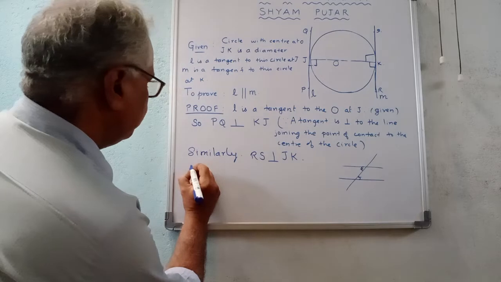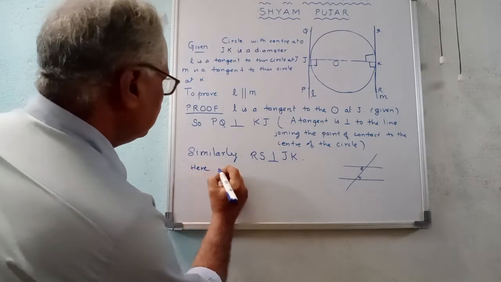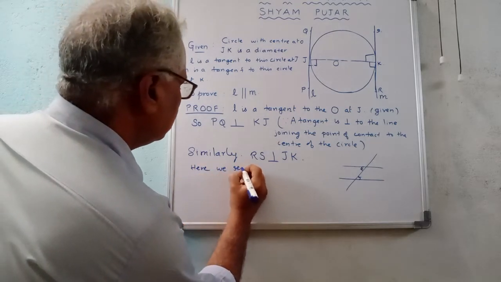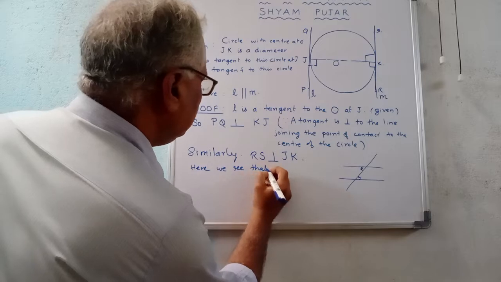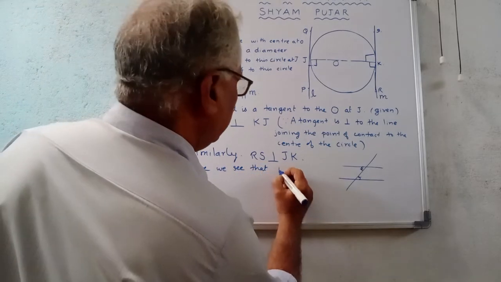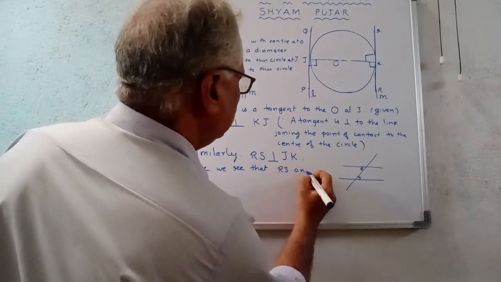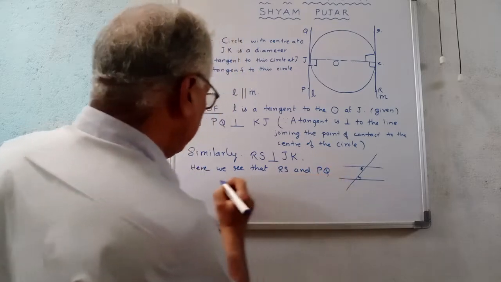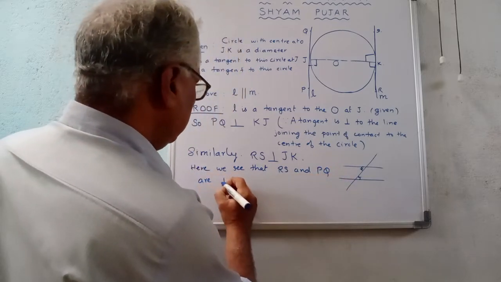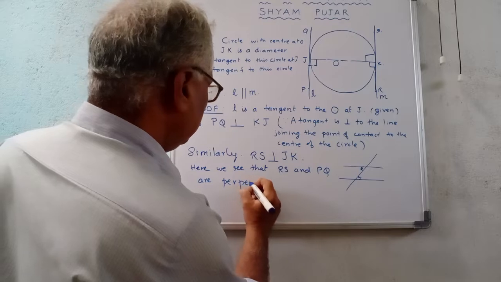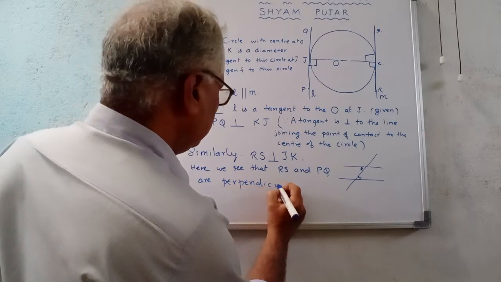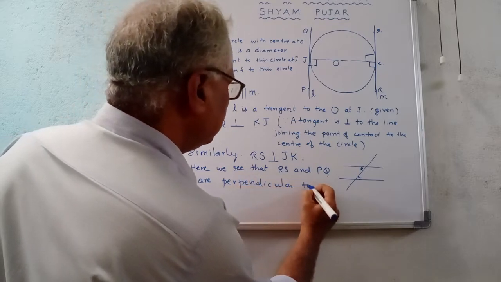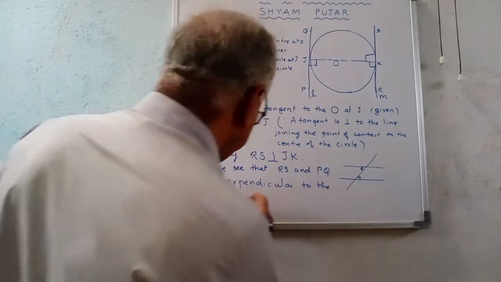Hence, RS and PQ are perpendicular to the same line.